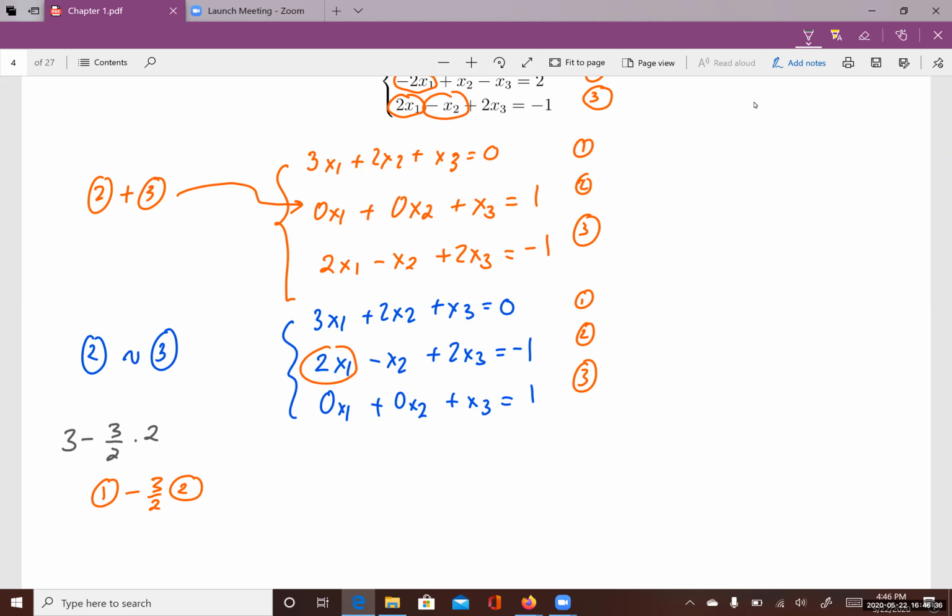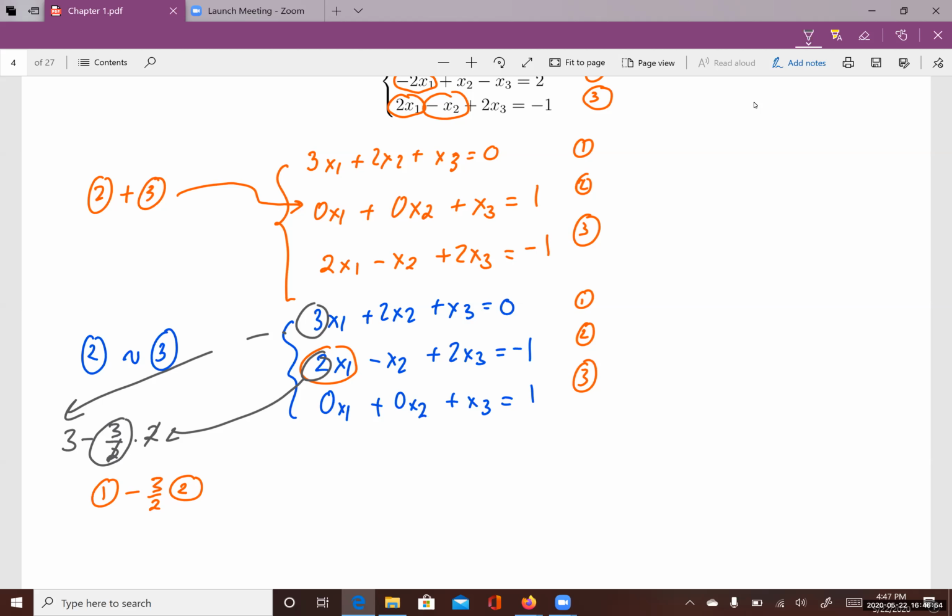So 3 is this coefficient here, and 2 is this coefficient, and 3/2 is the constant that I want to multiply to 2. So when I take 3 minus 3/2 times 2, I get 0.